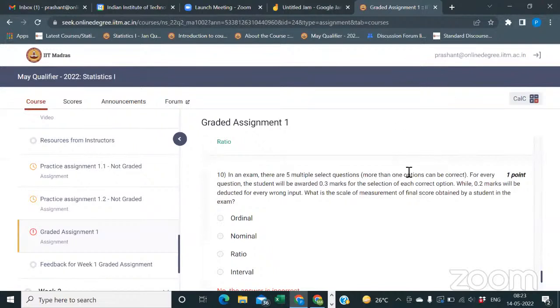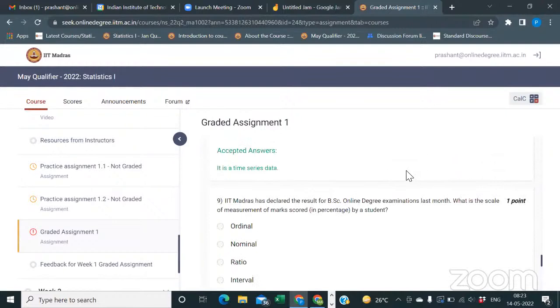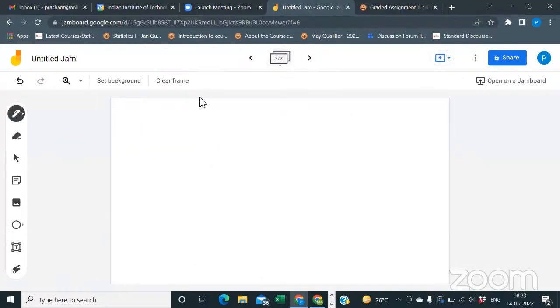See, the 9th is something where marks are in percentage. In the ratio scale of measurement, comparison makes sense. Suppose your marks are 40 and my marks are 20.